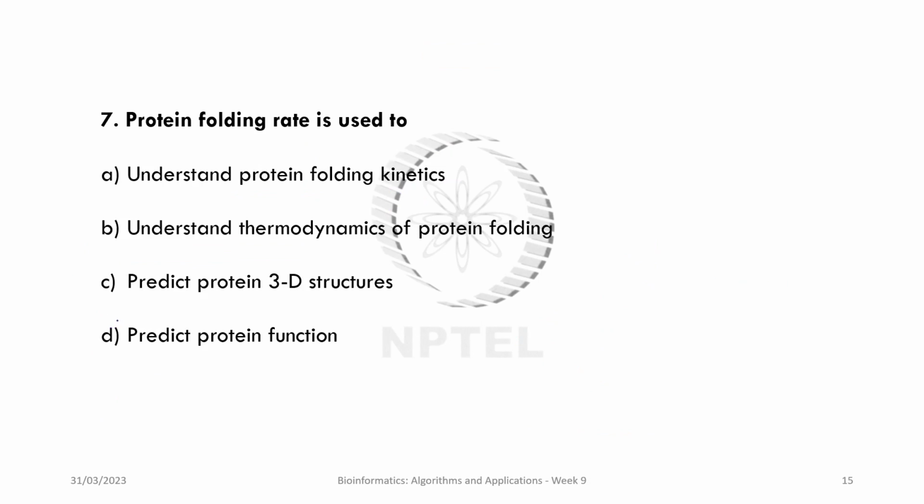Question 7. Protein folding rate is used to: option A, understand protein folding kinetics. Option B, understand thermodynamics of protein folding. Option C, predict protein 3D structures. Option D, predict protein function.